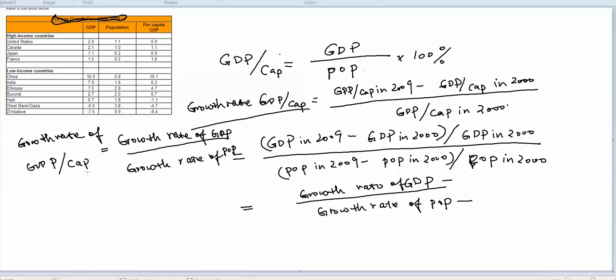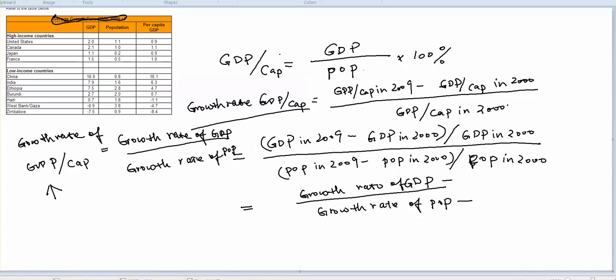If we look at this transformed equation, we will find that if we want the GDP per capita to increase, we need to make sure the growth rate of the GDP is larger than the growth rate of population. So that is the basic threshold. Now you can go back to look at the question again.